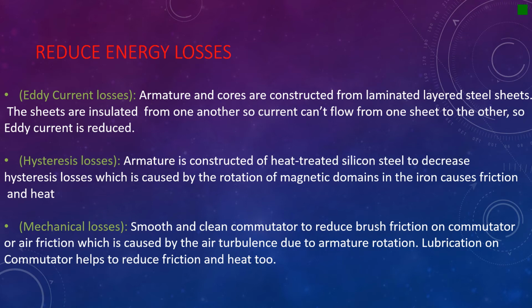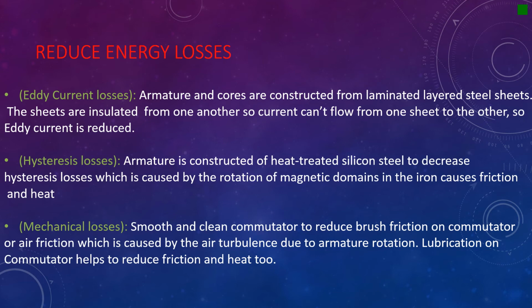So to reduce the hysteresis losses, most of the DC armatures are constructed of heat-treated silicon steel, which has an inherently low hysteresis loss, which will also reduce the hysteresis losses to a very low value.